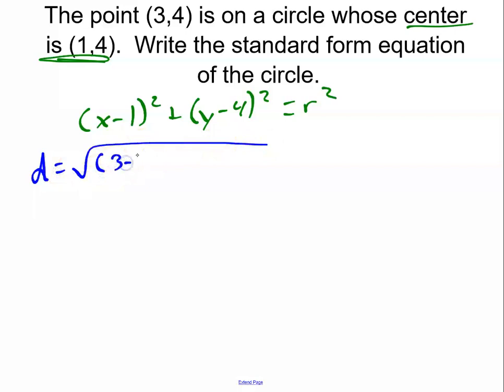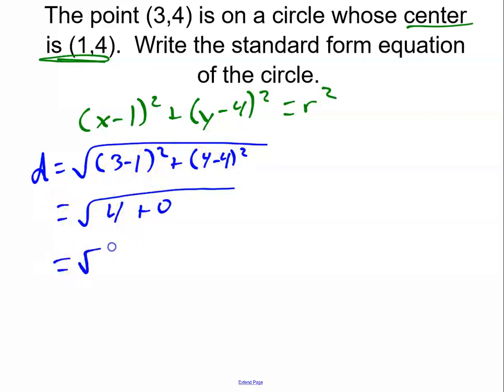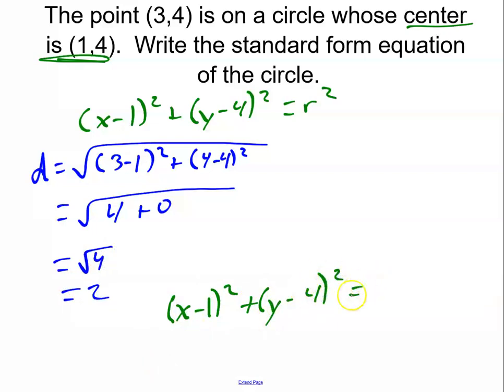So 3 minus 1 squared plus 4 minus 4 squared. 3 minus 1 is 2, 2 squared is 4. 4 minus 4 is 0, 0 squared is 0. The square root of 4 is 2. So we get our equation to be x minus 1 squared plus y minus 4 squared equals 2 squared, which is 4.